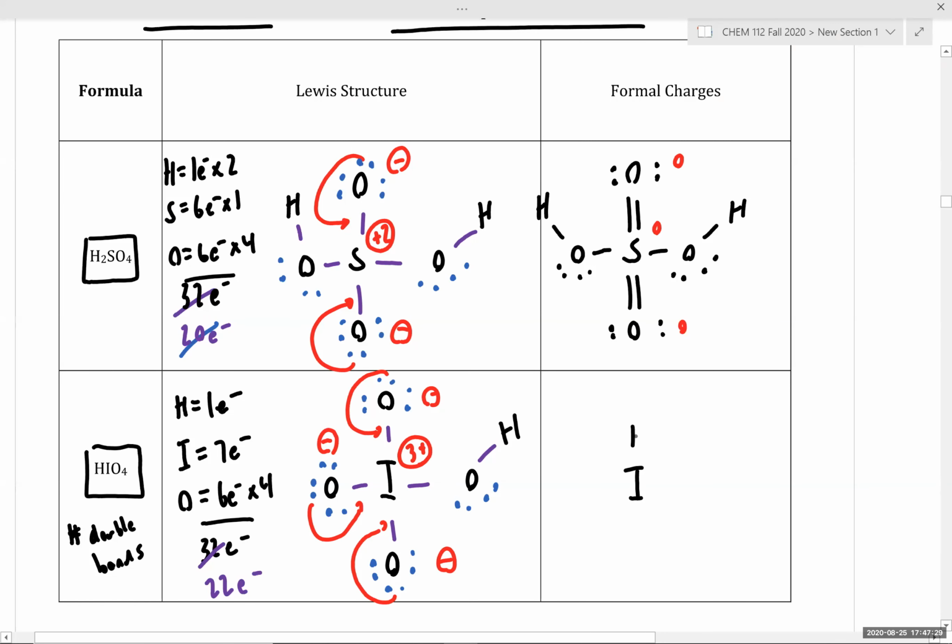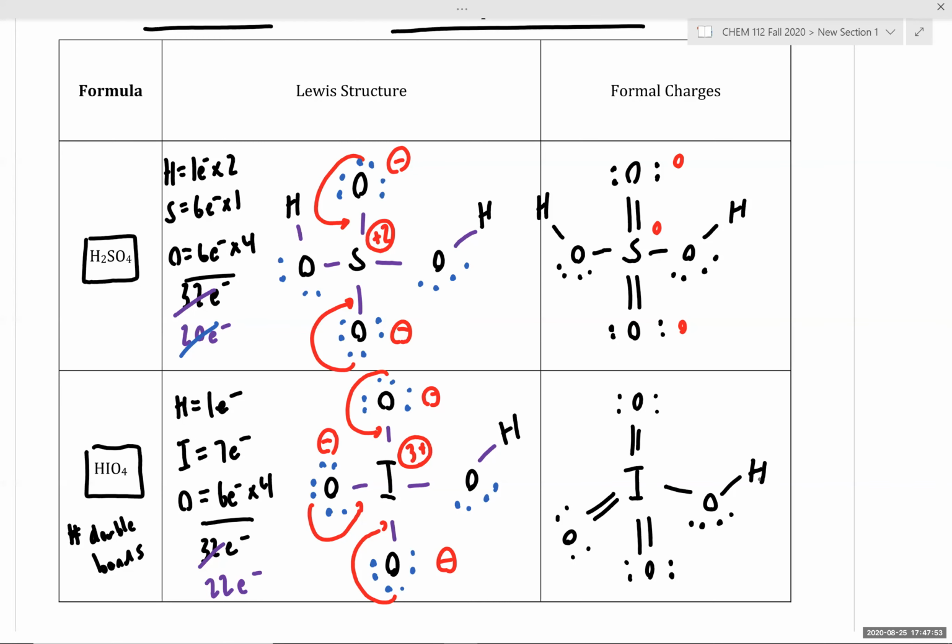That in turn gives us the following valid Lewis structure. Remember, the expanded octet rule can only be invoked from elements in the 3rd row, n equals 3 elements, and below. So here is the complete structure for periodic acid.